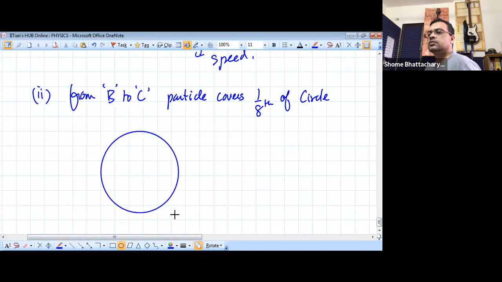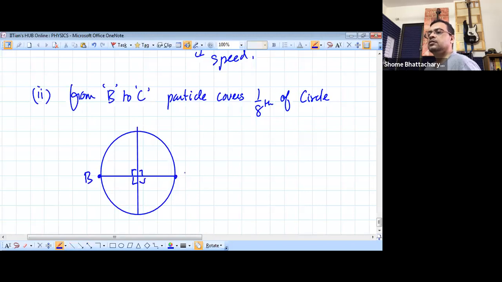Because see that, this is 90 degrees. So suppose this point was our B and suppose this point is D. Now you can see that B to D is 1/4 of the circle. Why? Because 90 degrees is 1/4 of 360 degrees.